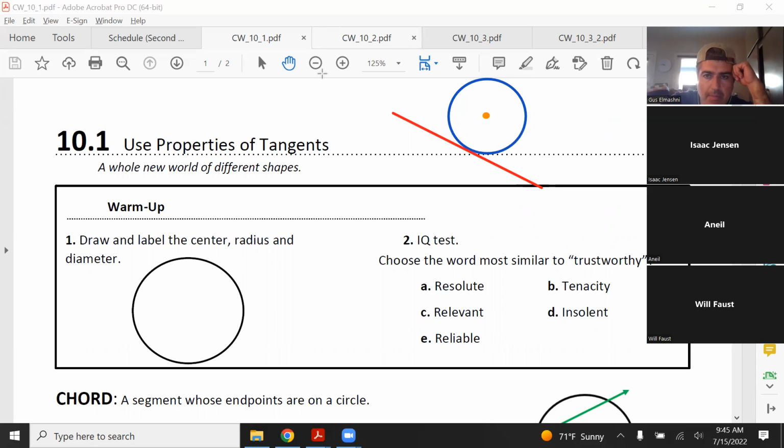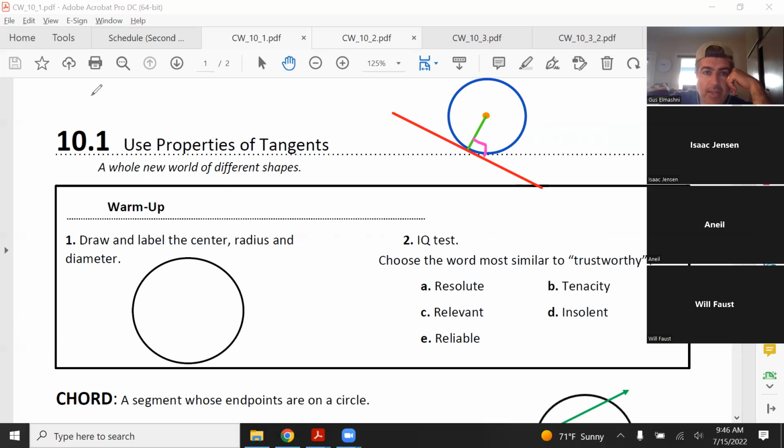And if I draw another segment between the orange dot and the red line, and I make it a radius, right? Because if I drew another radius, say like this one, obviously it's not touching the red line. So I want the radius touching the red line. Then guaranteed, these will be perpendicular. Guaranteed these will be perpendicular.